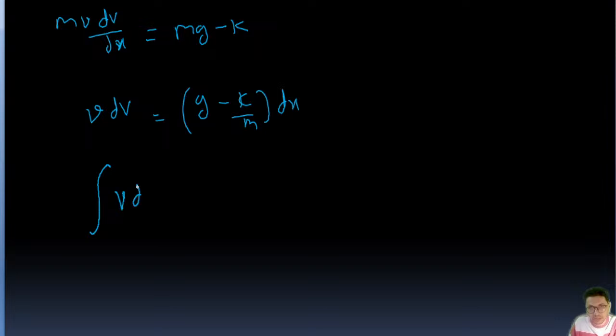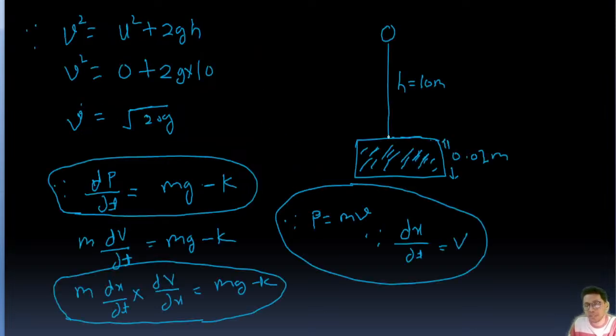It is going to be integration v dv equal to integration g minus k upon m dx. Limit is going to be, you need to understand the limit here. You can see the velocity just before hitting the cushion.